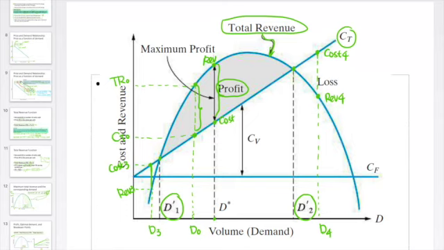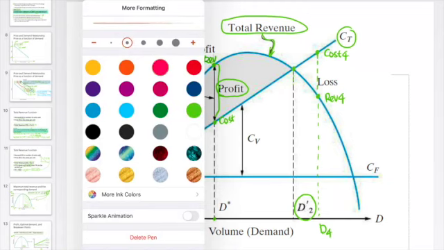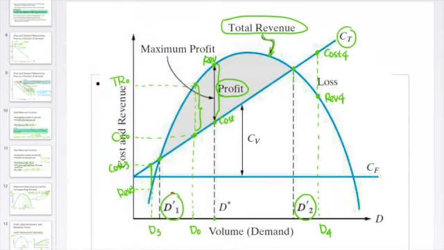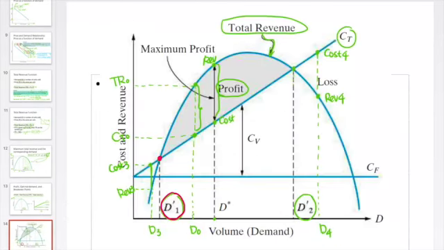Okay? Because this is D1 prime and D2 prime. Okay, are where you have your revenue equals to your cost.